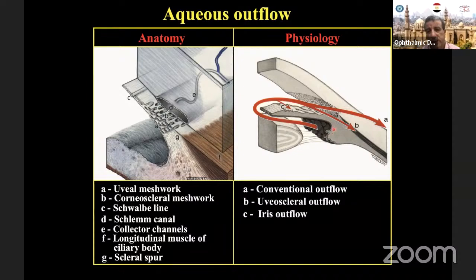Then it passes in the posterior chamber between the lens and the posterior surface of the iris and into the anterior chamber. Through the anterior chamber, the aqueous is drained through the conventional route, which is A here, which is the trabecular meshwork, and the uveoscleral outflow, which is B here, and, to a little extent, iris outflow facilities, as you could see here, but to a little extent.